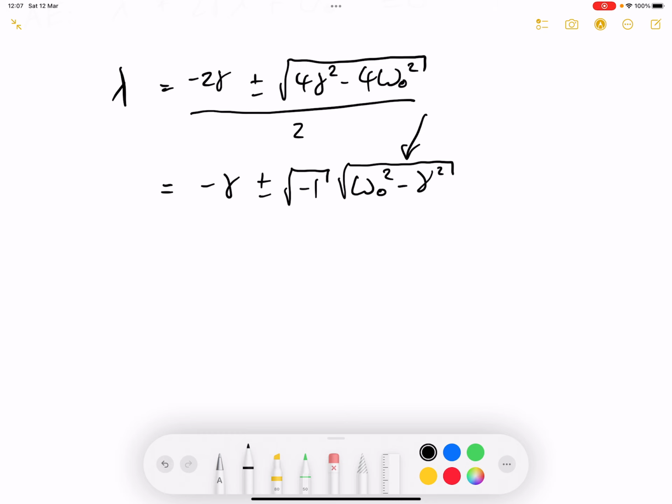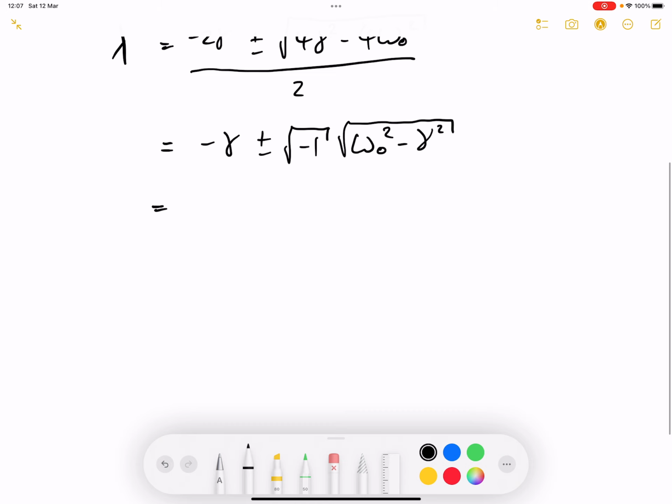Quite simple, really. And so my solution to my auxiliary equation is minus gamma plus or minus i square root omega naught squared minus gamma squared.